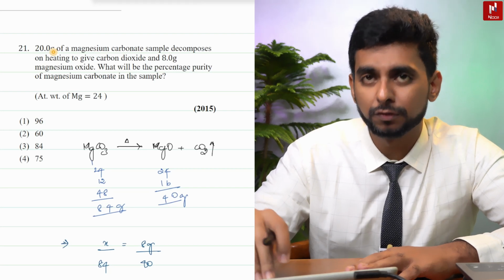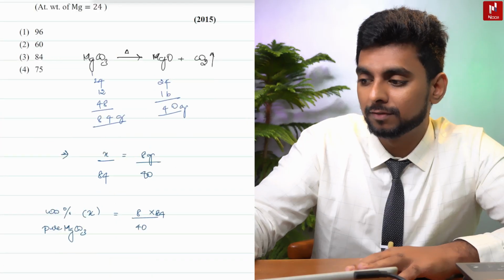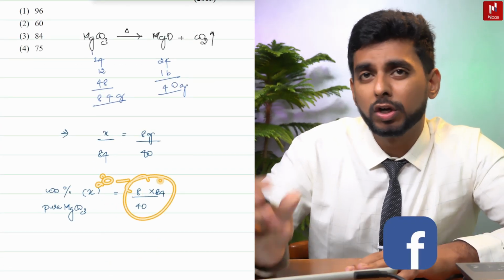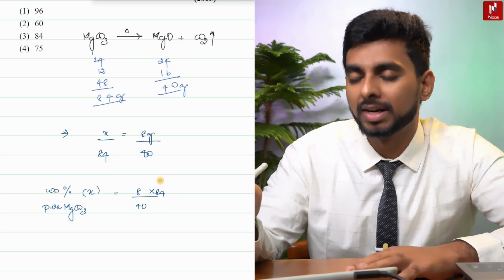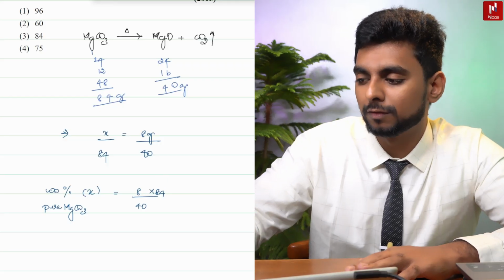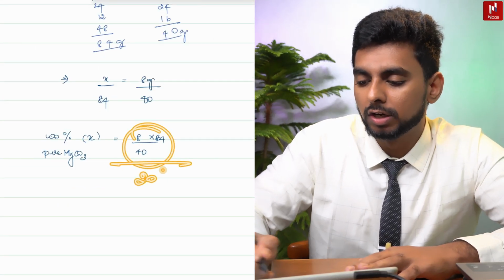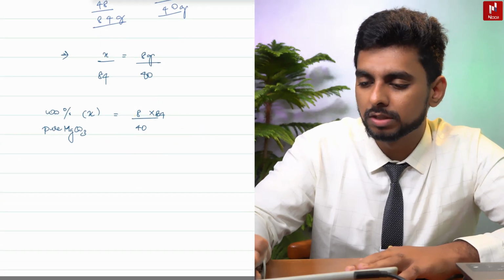If they had asked us to find the percentage of impurity, then I'd have to subtract this number from 20 to get the impurity in that magnesium carbonate, right? Here they have just asked us to find the purity. Therefore, I'll just put this number in the numerator, divided by 20 into 100, which will give me the percentage of purity. The logic should be clear.